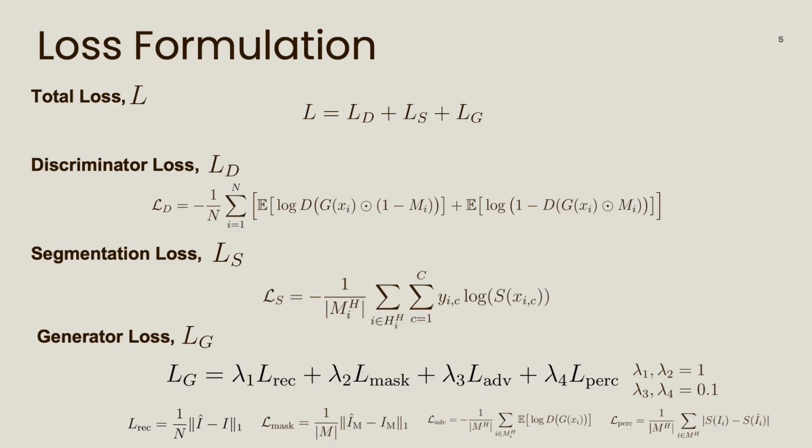And the generator balances a total of 4 goals: a reconstruction L1 loss, a mask L1 loss on the mask region, an adversarial loss from the discriminator, and a perceptual distance in the segmentator's feature space. These forces push the model to look realistic while staying anatomically consistent.